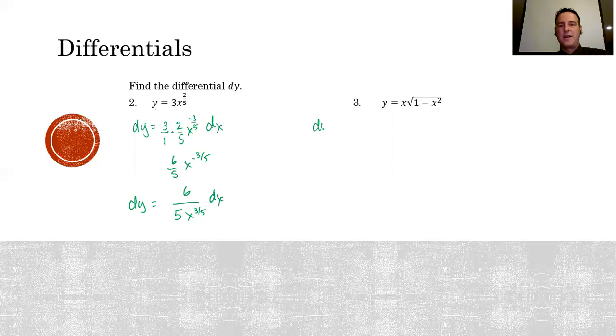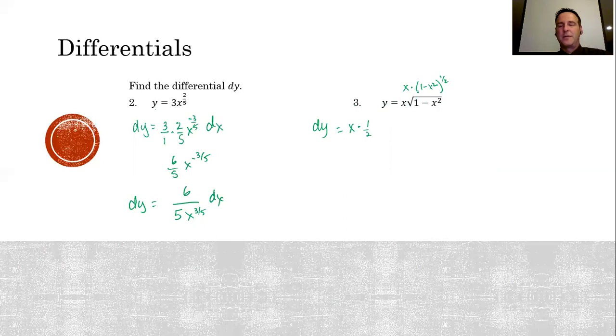Let's take a dy. Okay, and then this will involve a chain rule and a product rule. Okay, so I'm going to write it in a way that's a little bit better, but this will be first times the derivative of the second.